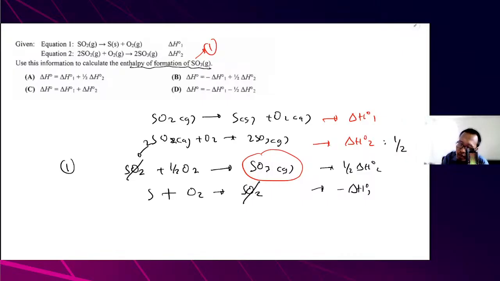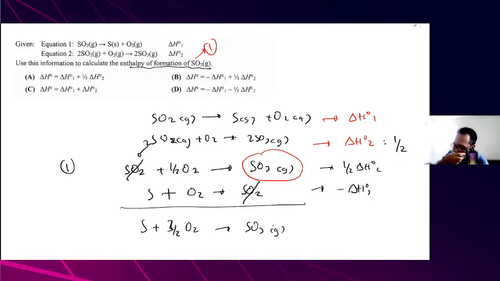So now let's combine both. S plus 3 over 2 O2 gives SO3 in gas. How to get this done is pretty easy: just use minus delta H1 plus half delta H2.